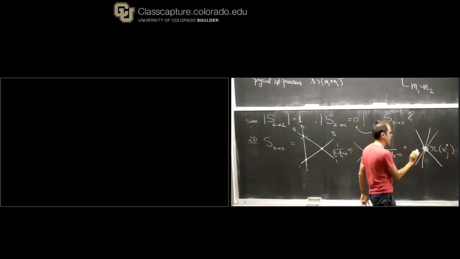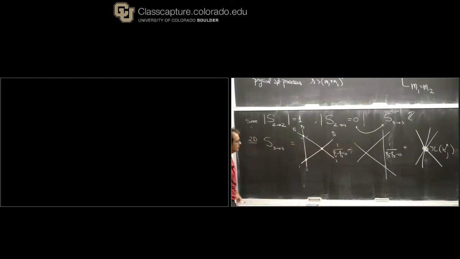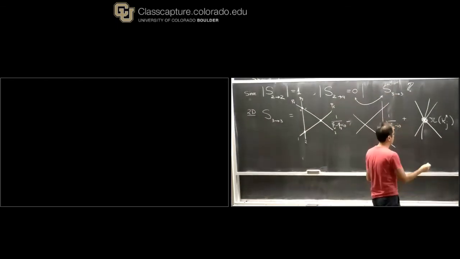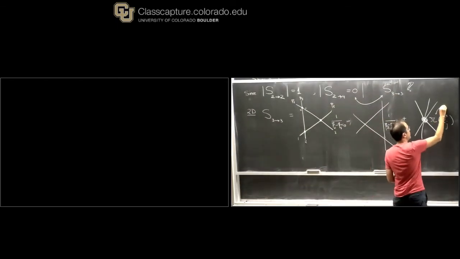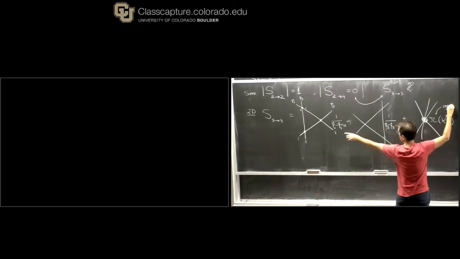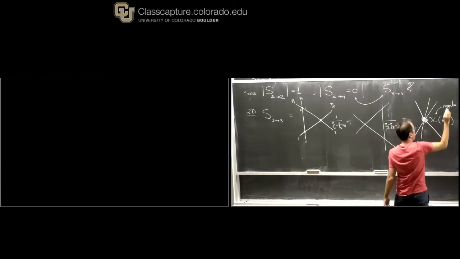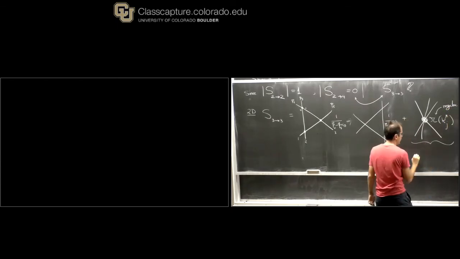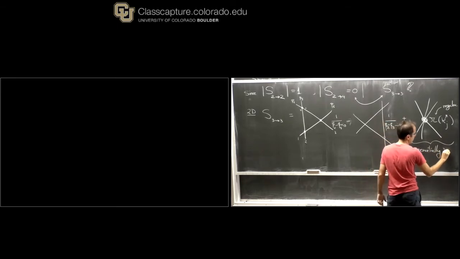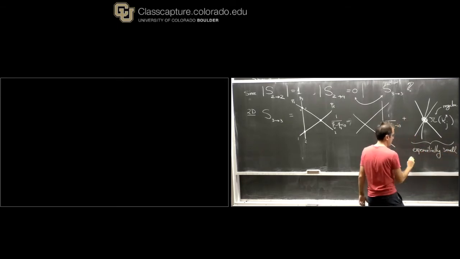Okay, I have to explain a little bit slower. Let me just say what the statement is. This part here is regular as I approach this configuration here. And this part here is exponentially small because it's regular for well-separated wave packets.